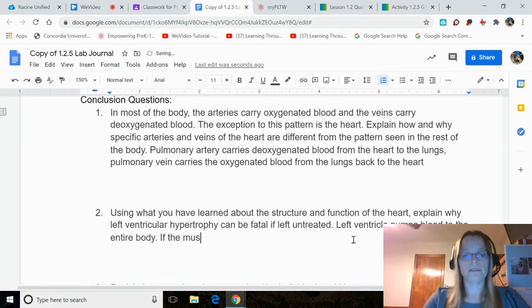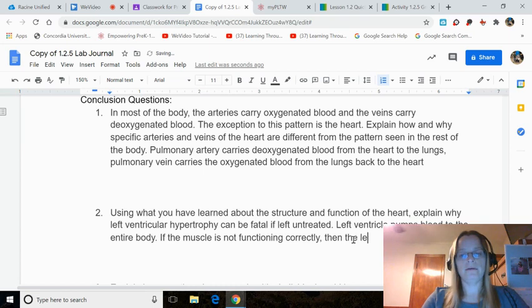If the muscle is not functioning correctly, then the left ventricle cannot pump blood effectively.